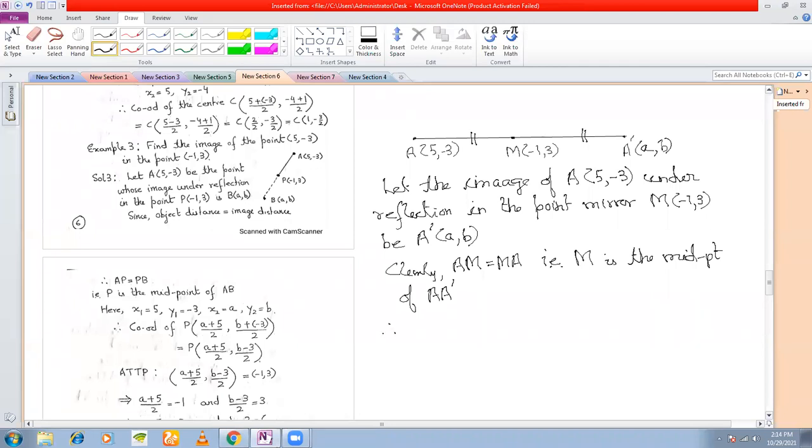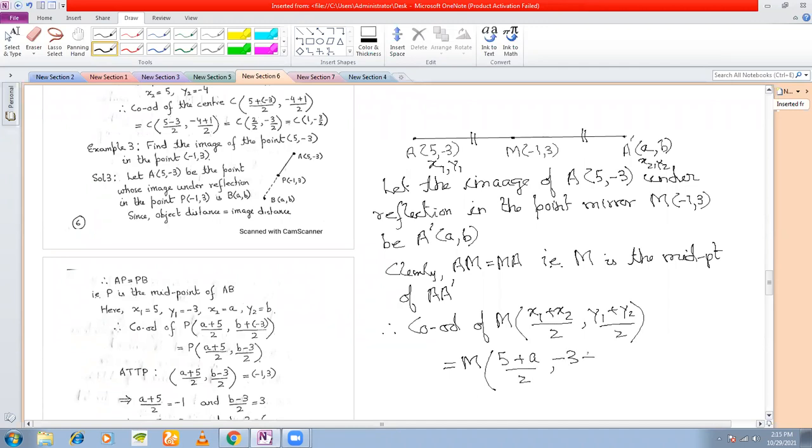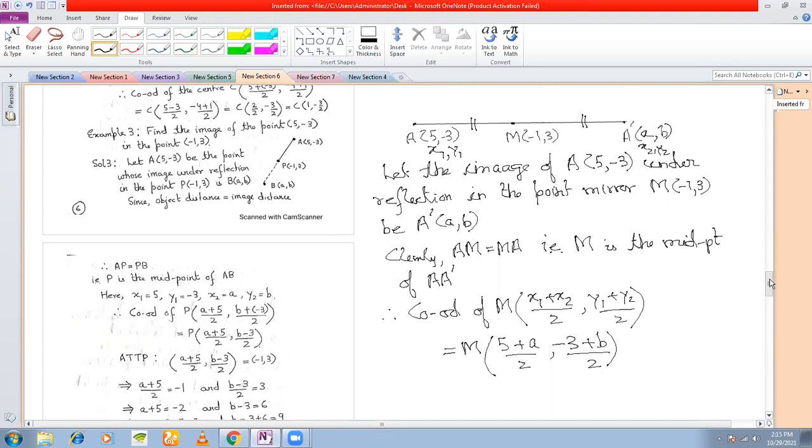Now what should be the coordinates of M from midpoint formula? Okay. So you take this as your x1, y1 and this as your x2, y2, or the other way around also, no problem. Any way you want. M, so (5 plus a by 2, minus 3 plus b by 2). This is the coordinates of M, right? But what are the coordinates of M given to you here? (-1, 3).